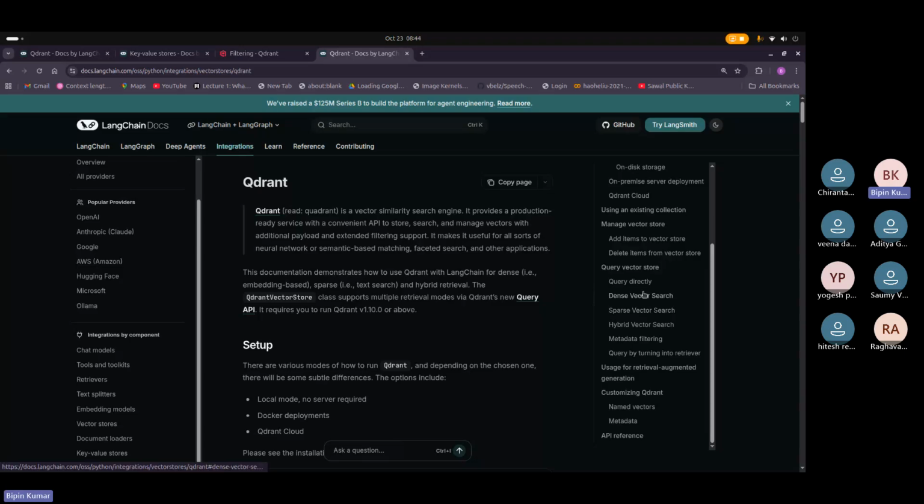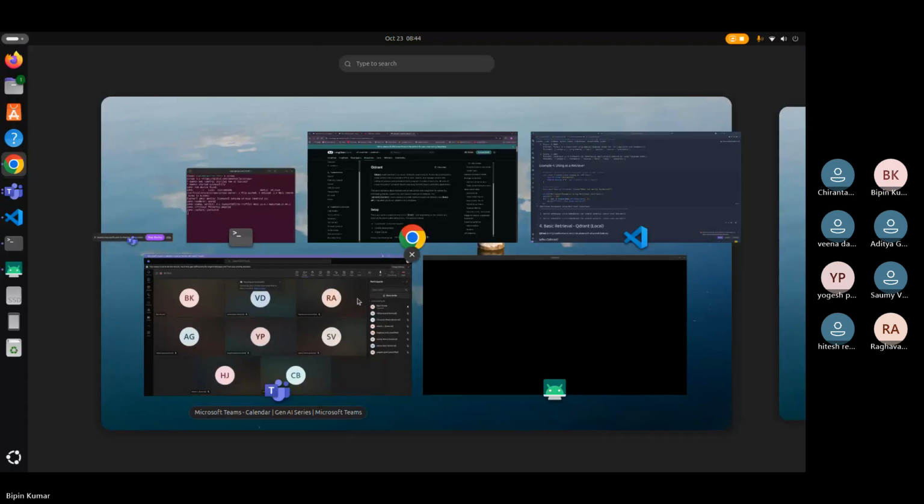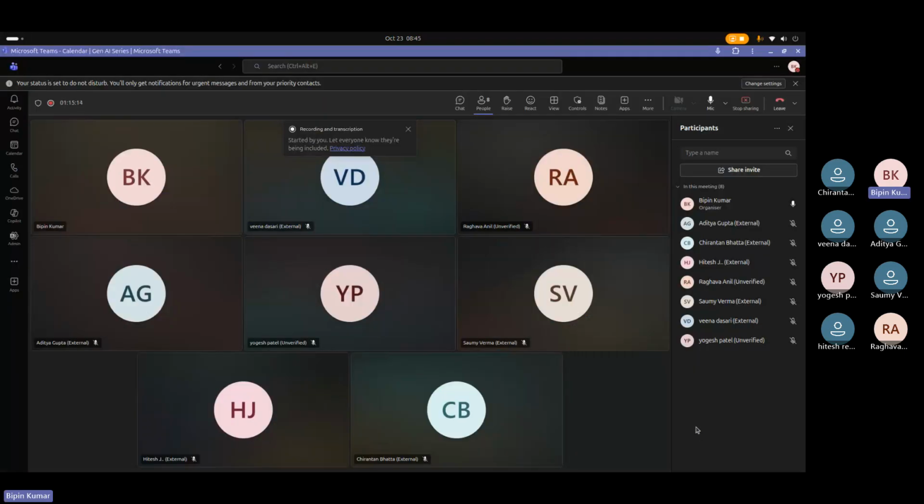After that we will see the generation, the last part of the RAG pipeline, and then we will create some projects. We will do some RAG project just to create a complete RAG pipeline on a certain topic. I want your suggestion.